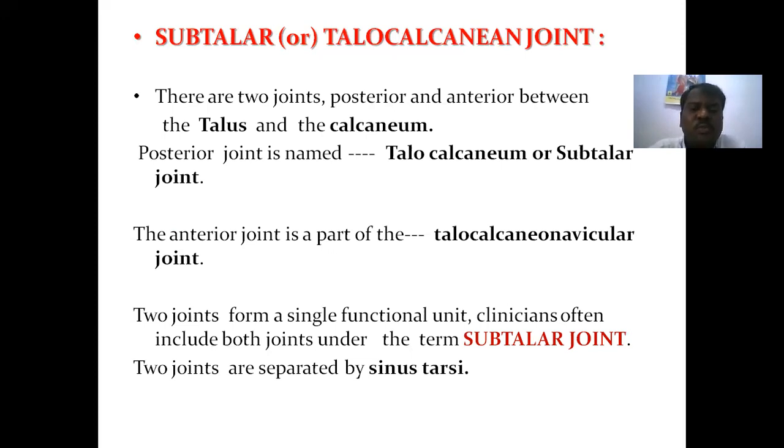When the calcaneum is kept first and the talus articulates above it, we can identify two places, anteriorly and posteriorly, where the talus articulates with the calcaneum. When it articulates to form the subtalar joint, there is a sinus tarsi which separates the talus above from the calcaneum below.